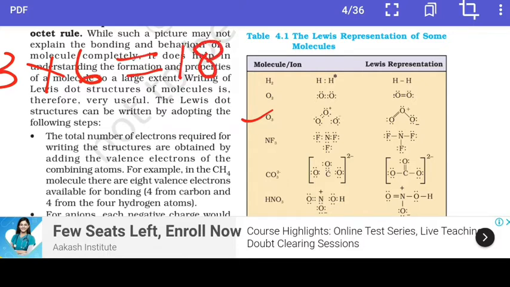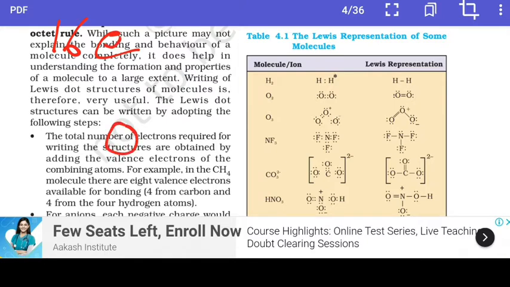It means we have 18 electrons for the 3 oxygens. First of all, make the frame of ozone. Draw 3 oxygens and connect them by single bonds.